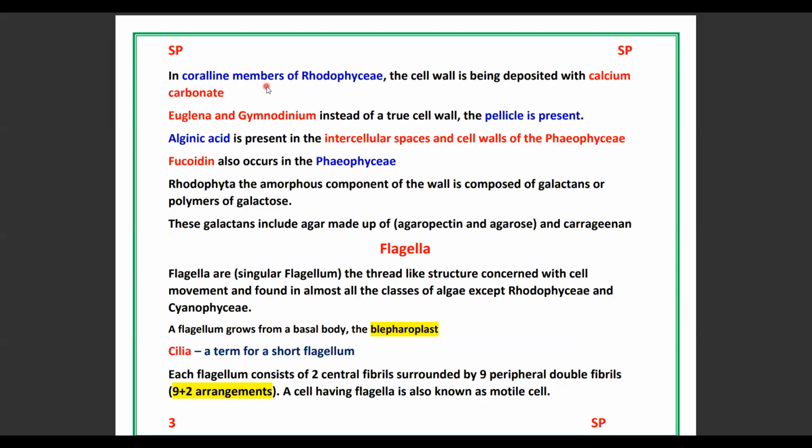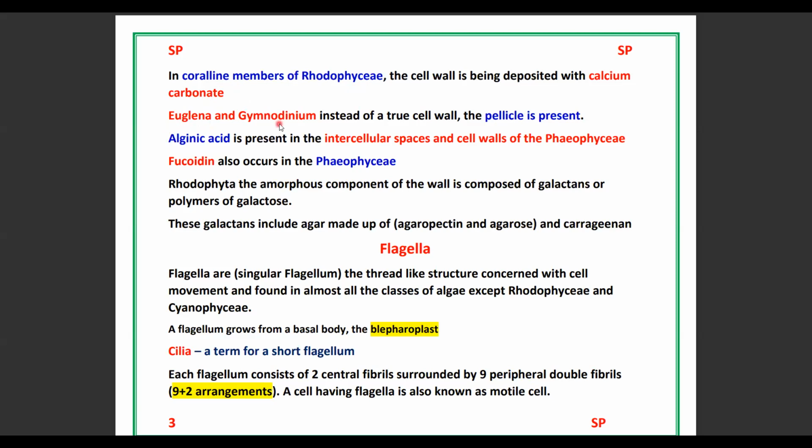In coralline members of Rhodophyceae, the cell wall is deposited with calcium carbonate. So coralline members of Rhodophyceae and in Chlorophyceae, Chara also contains calcium carbonate in the cell wall.